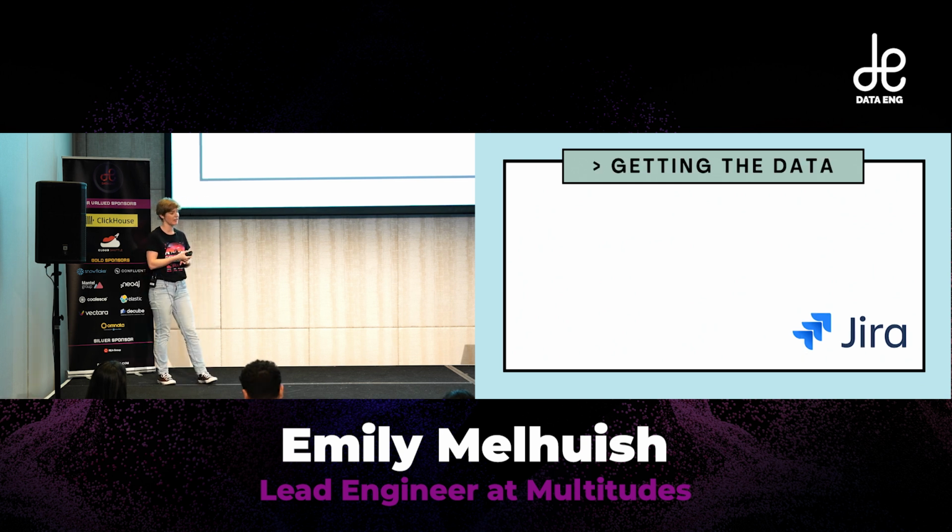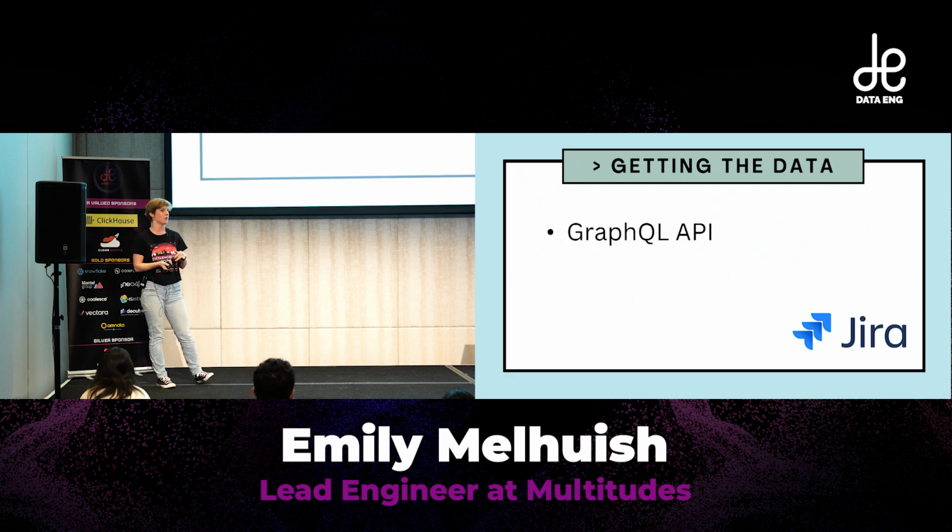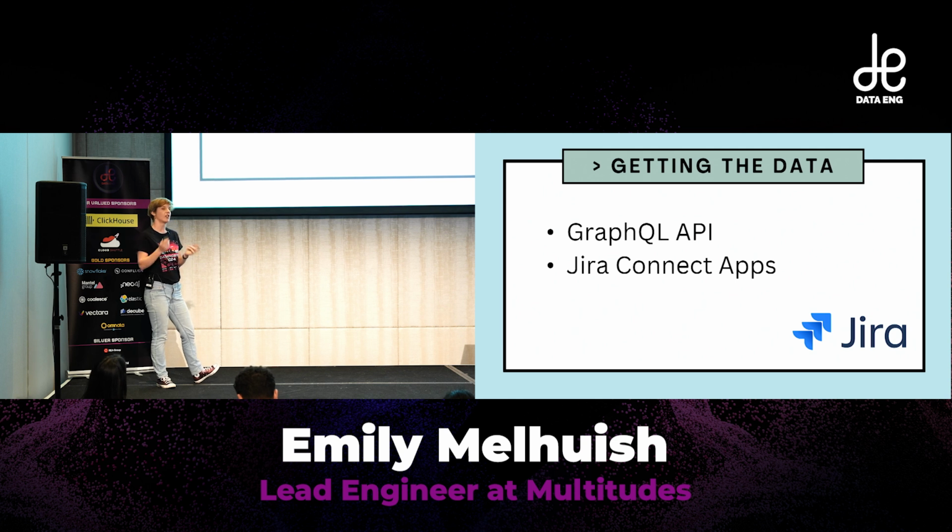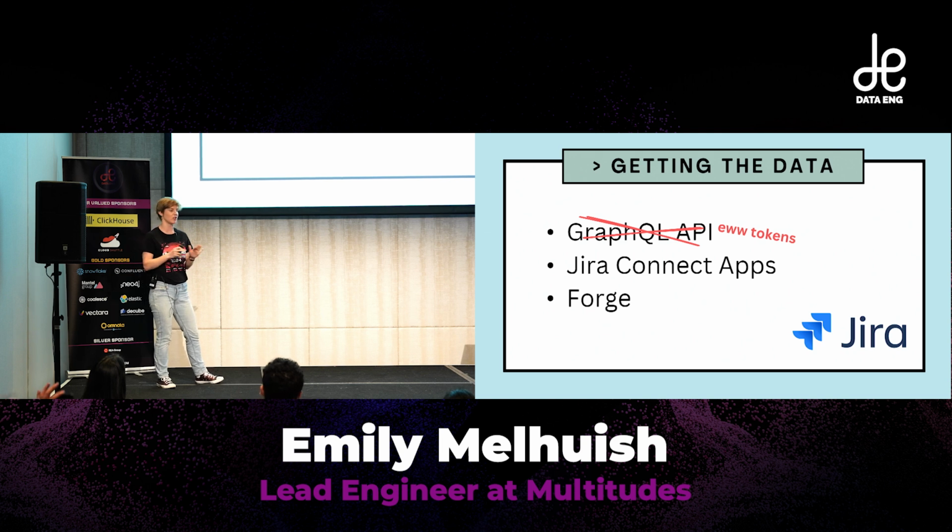In terms of getting the data, of course, Jira being super duper configurable, there's a ton of different ways to integrate with Jira, but the main ones we found were a GraphQL API, yep, nice, standard, great. There's Jira Connect apps, and also a new thing called Forge. So the GraphQL API, again, ruled out pretty quickly. We don't want to deal with gross API tokens, no thank you.